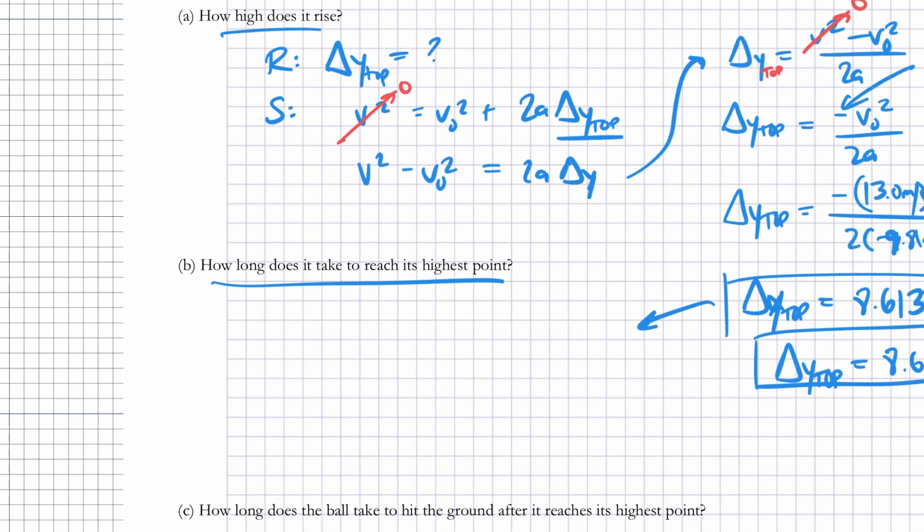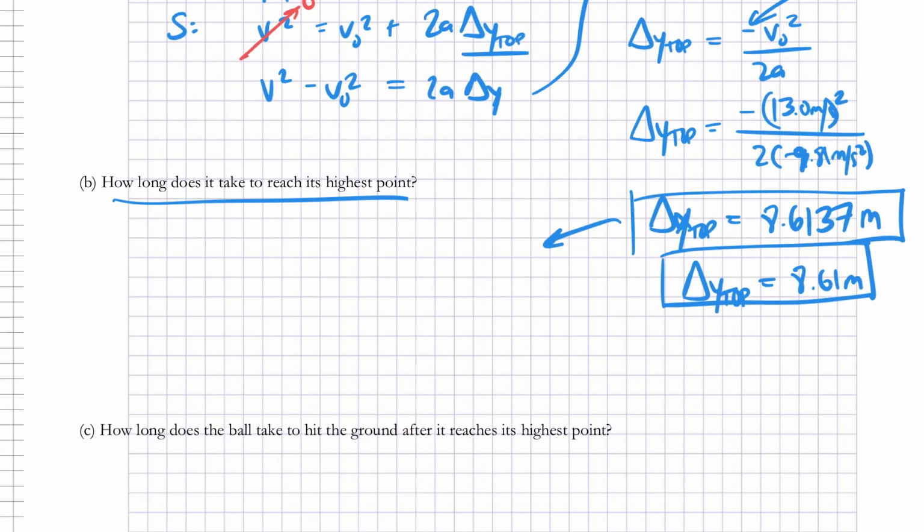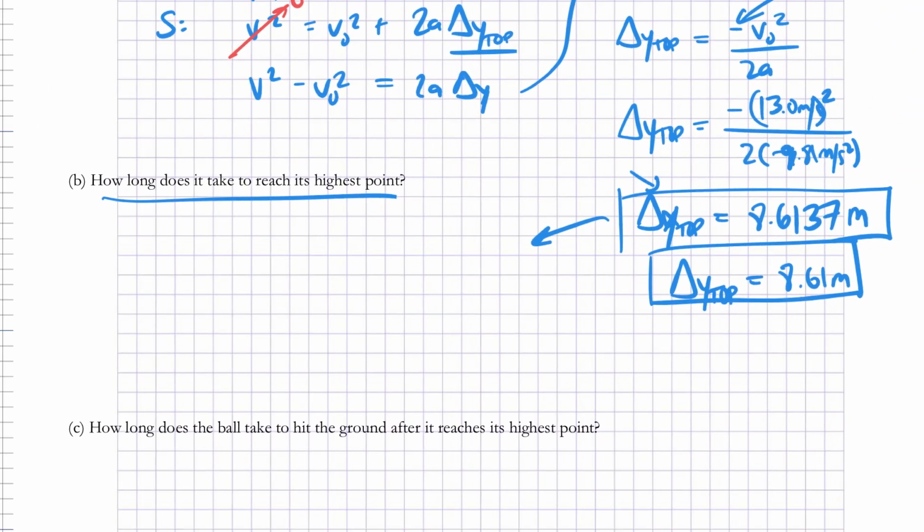So for this second bit, we want to know how long does it take to reach its highest point. We could use this value right here. There's a few different ways we could use that value.